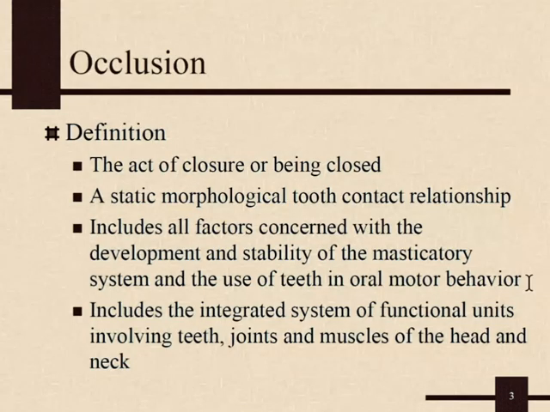All of these are concepts of occlusion. We extend beyond the concept of only alignment of teeth. It's not only alignment of teeth, not only occlusal contacts, not only the jaw position; it is all of these together.